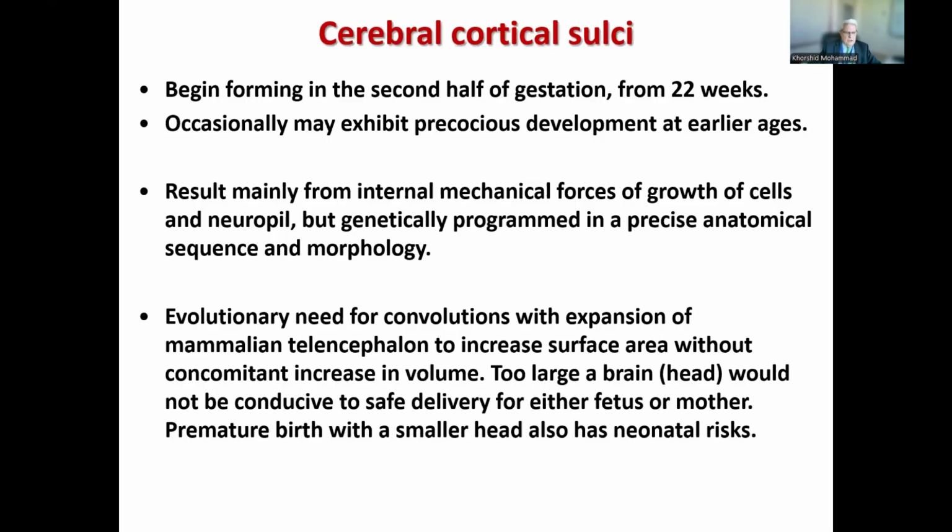These animals don't have convolutions of the forebrain either, but their organization of the forebrain is very different from the mammalian brain. And therefore, they have more of a nuclear rather than a laminar pattern, and the growth pattern is different.